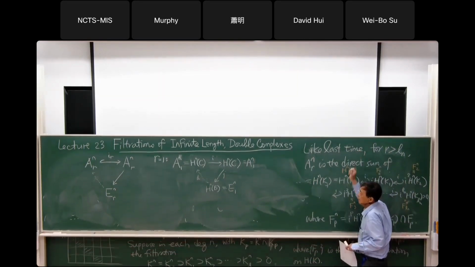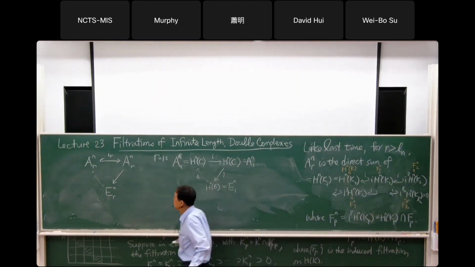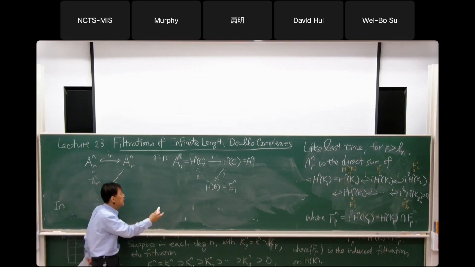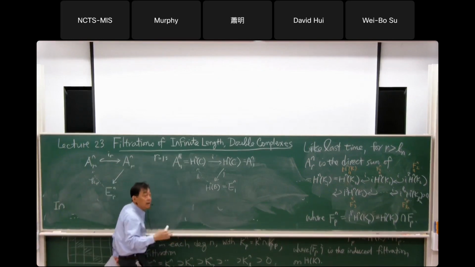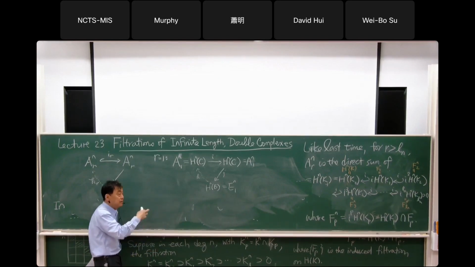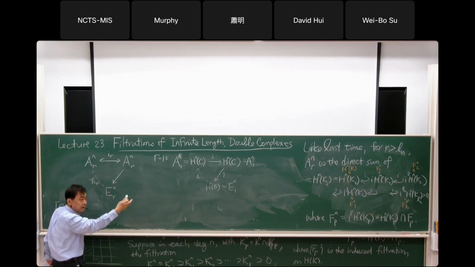In degree n. I mean, K^R is actually K. It comes from K, right? Each time, like K2 was defined to be K1 and so on.